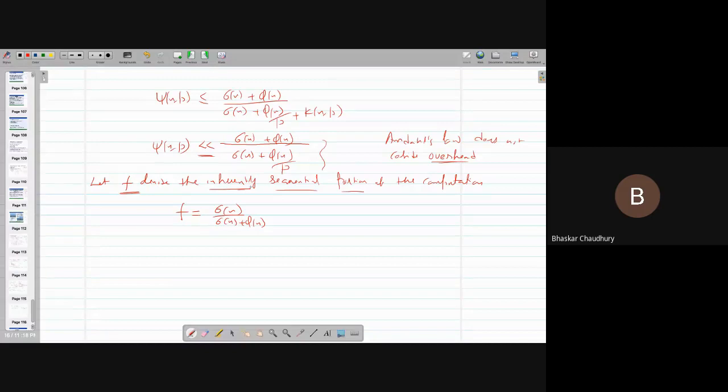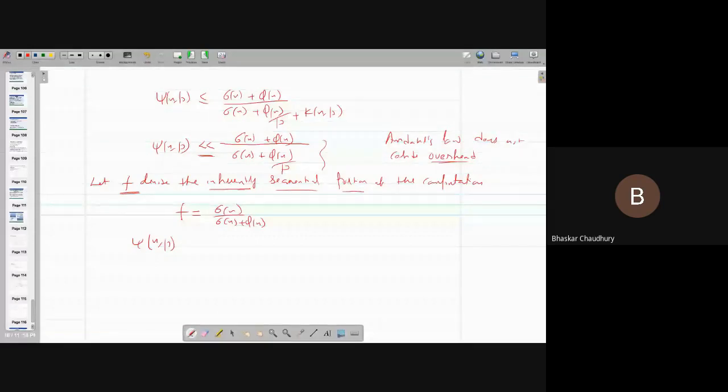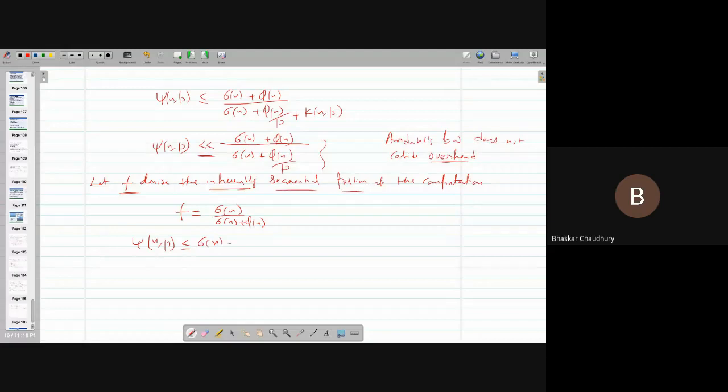Okay. I can always rearrange all these things, and that's an assignment for you. If you write it again, psi n comma p will become, let me just write less than equal to, but otherwise it will be less than: sigma n plus phi n divided by sigma n plus phi n by p.